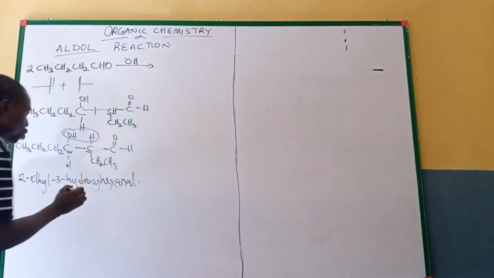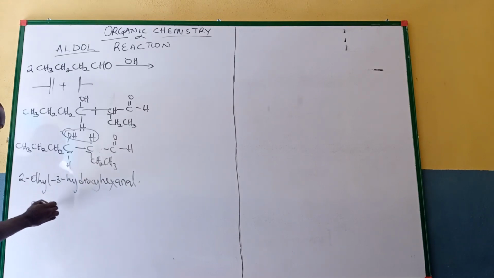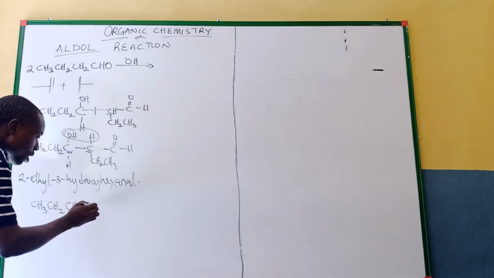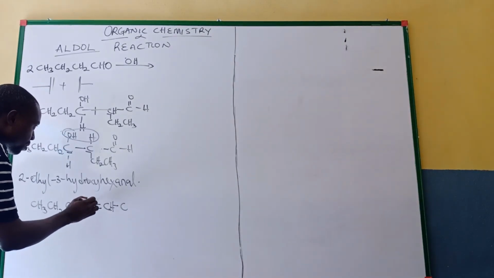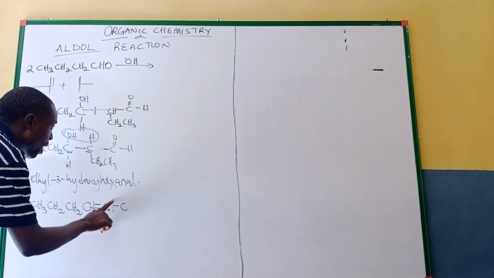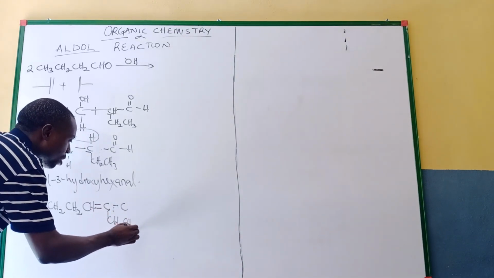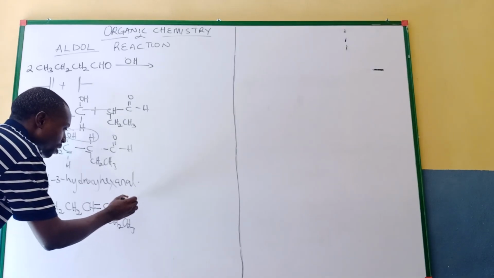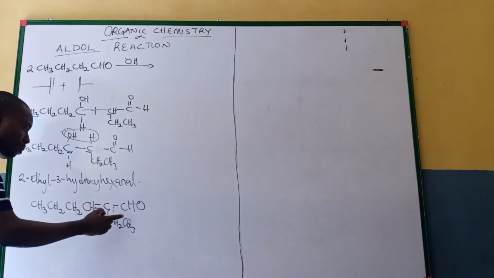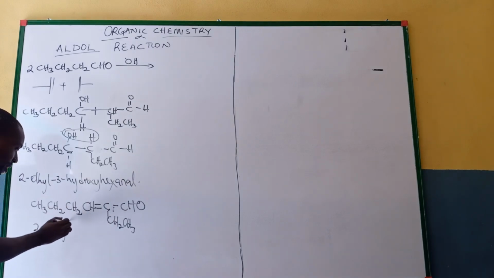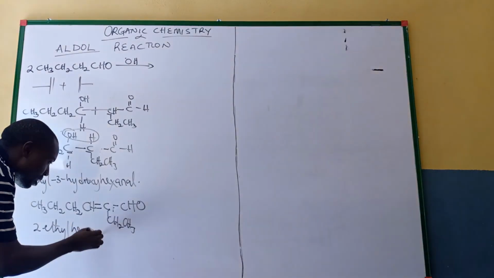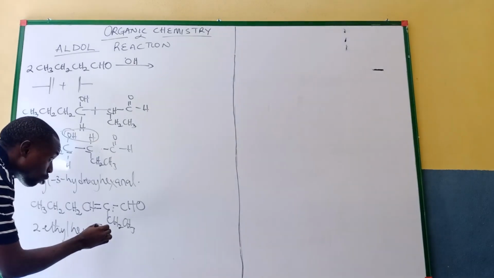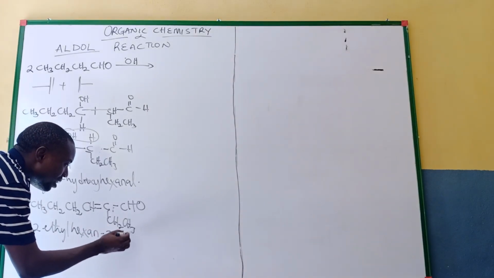I'm now having CH3, CH2, CH2, then a double bond being introduced, then H, and CH2, CH3, then CHO, so that the compound becomes 2-ethylhex-2-enal.